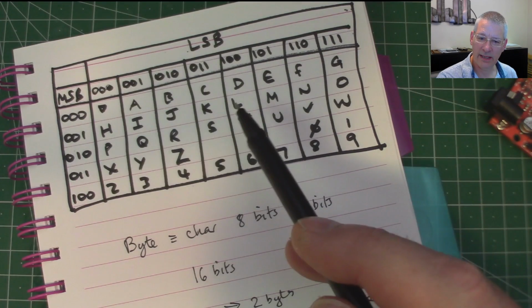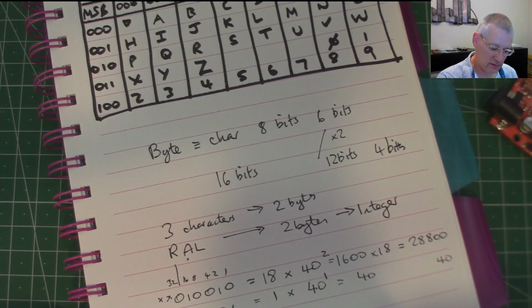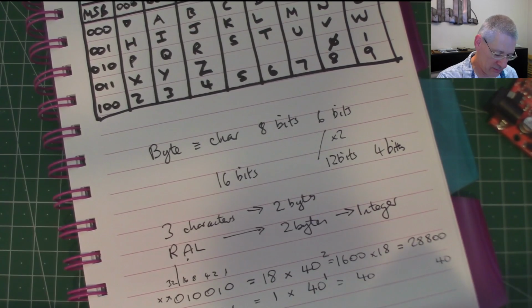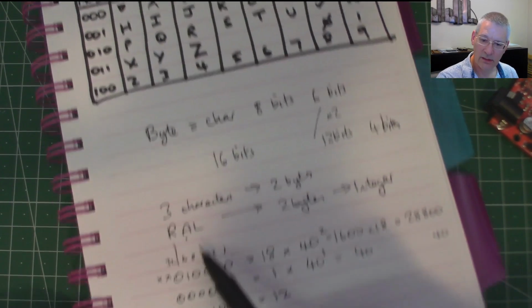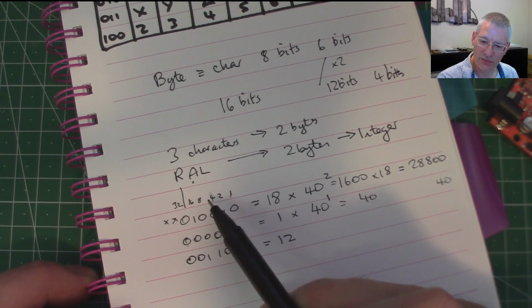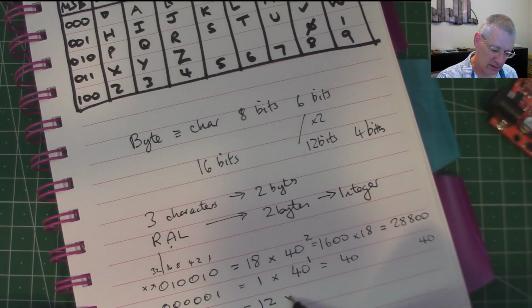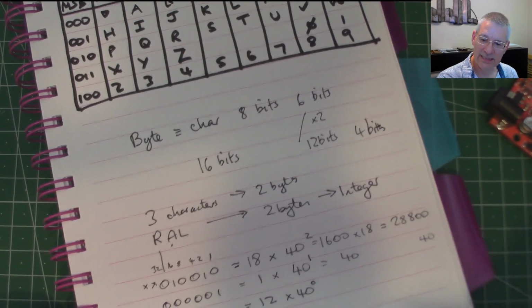And then finally, the third letter of my name, L. Looking it up here, L is 001100, and that is 12. Looking at this list here again, we've got 1, 2, 4, and 8, so 8 plus 4 equals 12. That's what we interpret that as, times 40 to the 0th power.